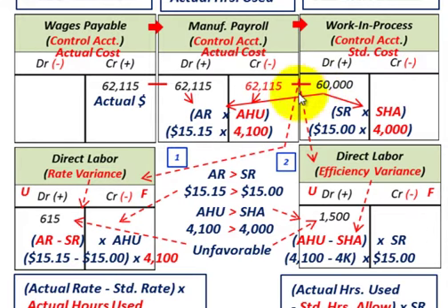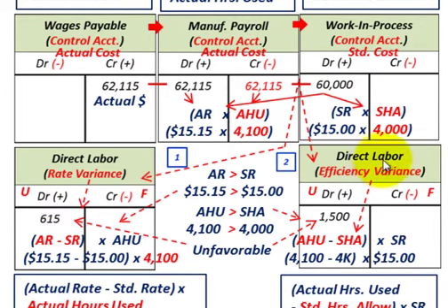So just remember, when you're working with these labor rate and efficiency variances, all you're really doing for your labor rate variance is taking your actual hourly rate that it cost you for the period or for the project and comparing it to the standard labor rate that was established based on some standard costing. The difference between the two, times your actual hours used, equals your labor rate variance, either unfavorable or favorable.